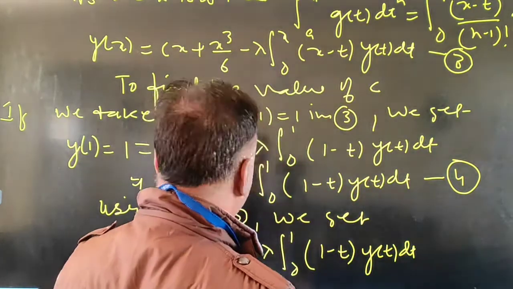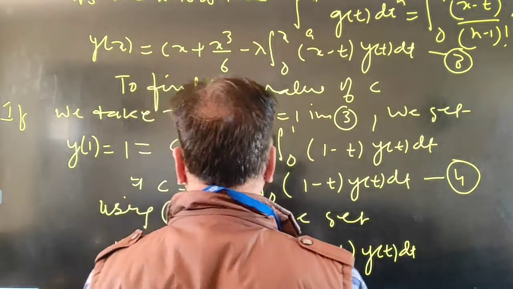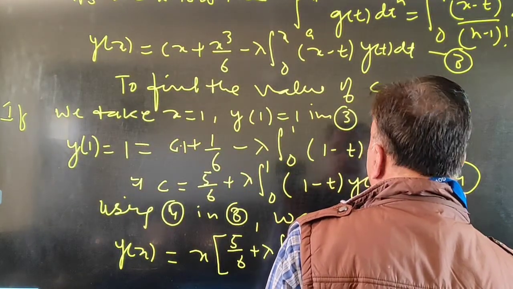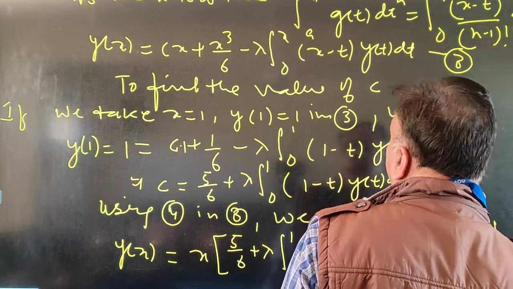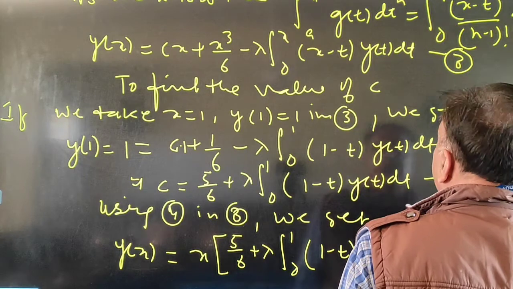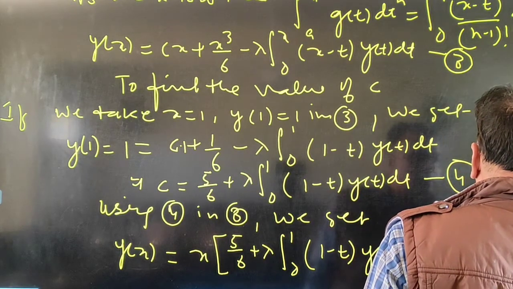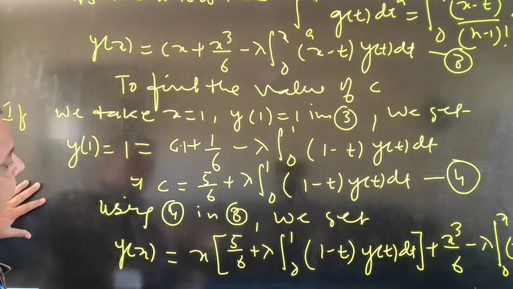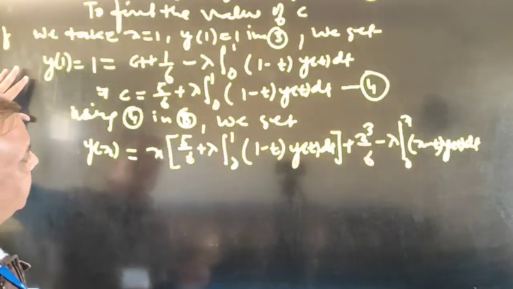This is the value of c. We have cx plus x cube by 6 minus lambda integral 0 to x minus t yt dt. After putting the value of c, we get this result.